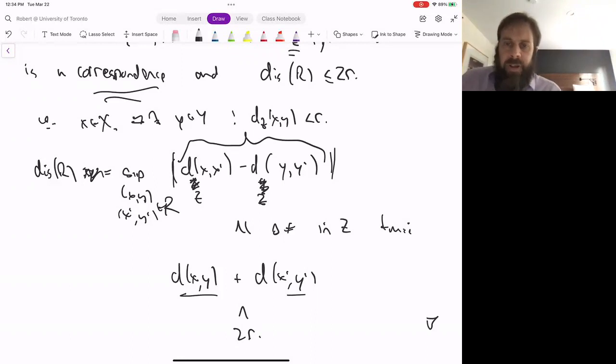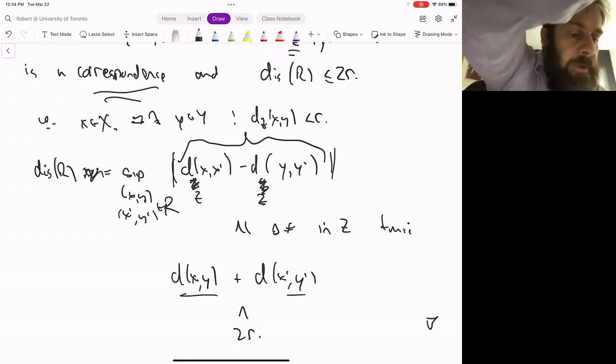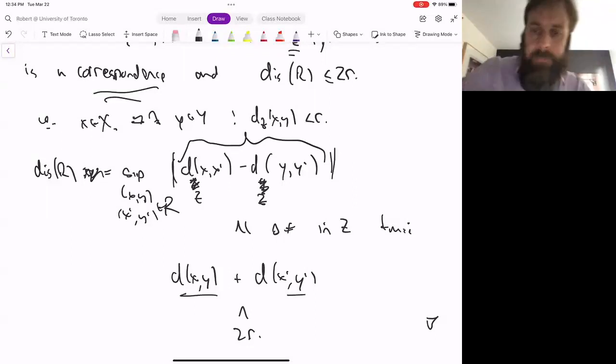That's somehow the easier direction. The harder direction, I'm going to plug my grid.